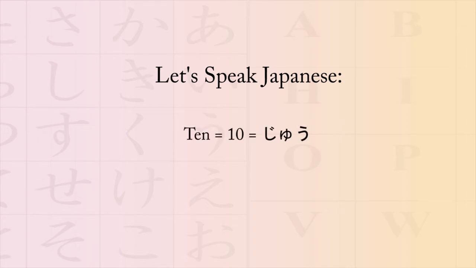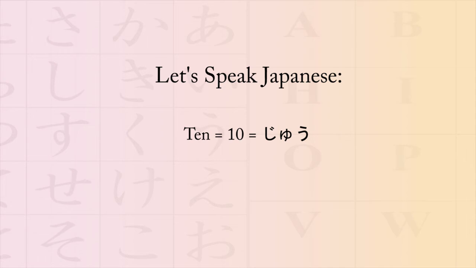Okay, and finally we have the number 10, which in Japanese is ju. So it uses the 3 letters ji, yu, and u. And just like for the number 9, the middle letter of yu is smaller, so instead of saying ji-yu, you actually blend the yu with the previous letter of ji, and that makes it ju, and then with the u becomes ju.